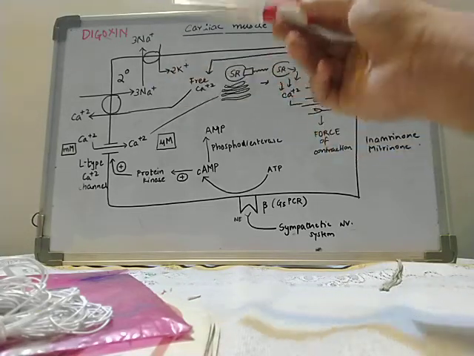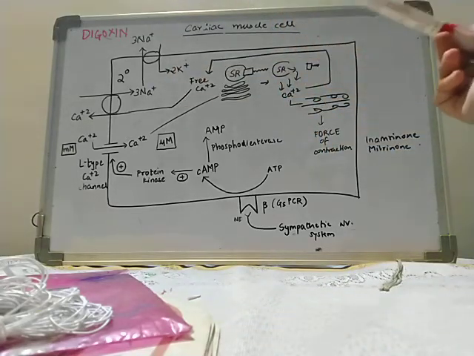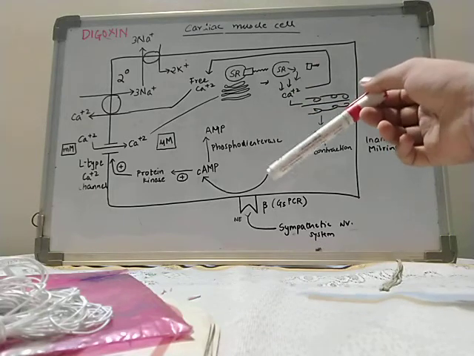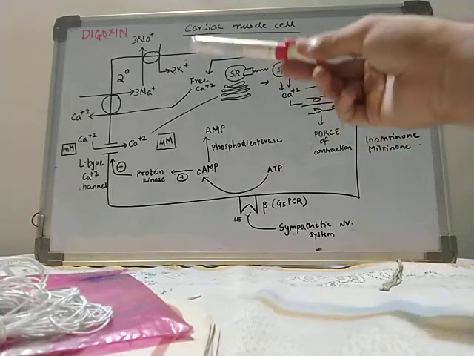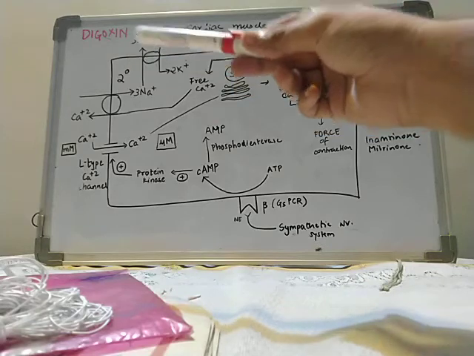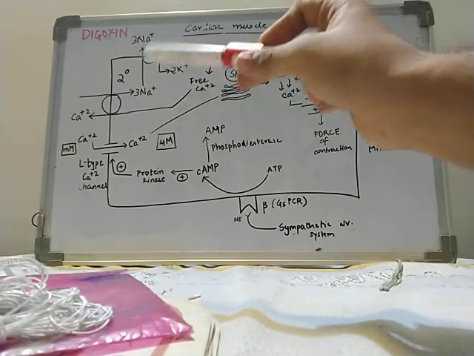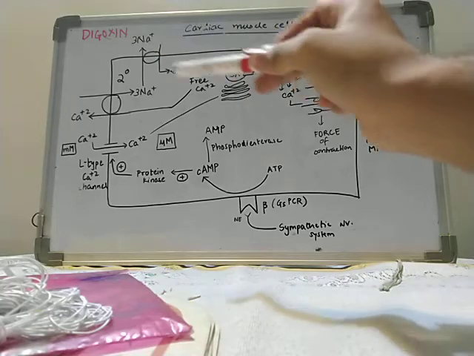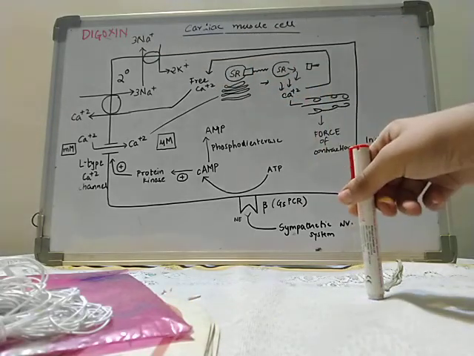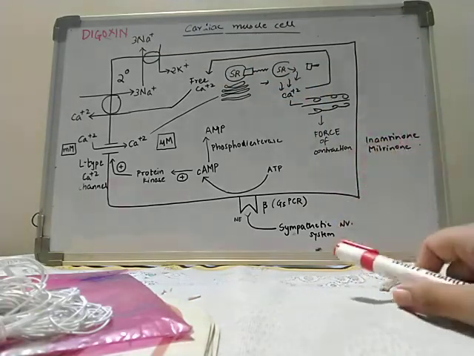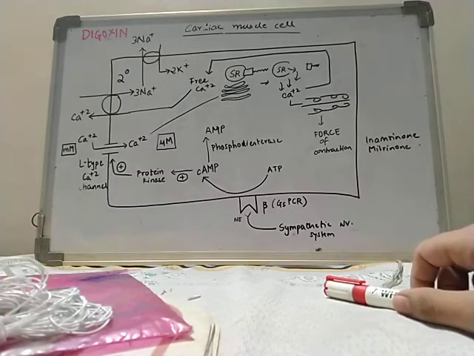So for that we have secondary active transport. Against the concentration gradient means we need active transport, and here we have secondary active transport, which is the NCX pump. The N stands for sodium, C stands for calcium, X stands for exchanger. What is secondary active transport? It is a co-transport clubbed with a primary active transport.